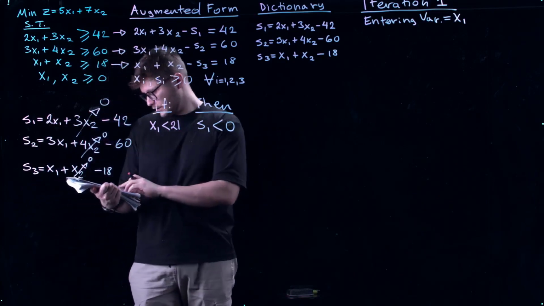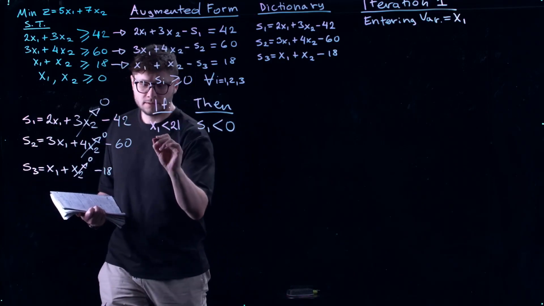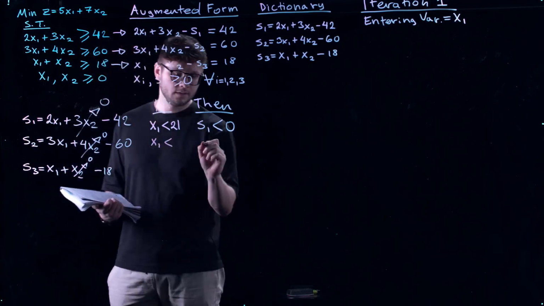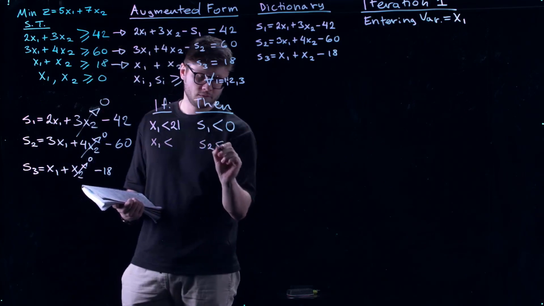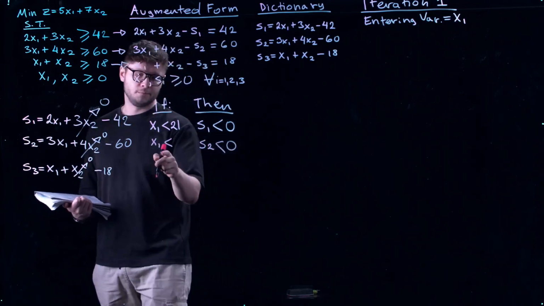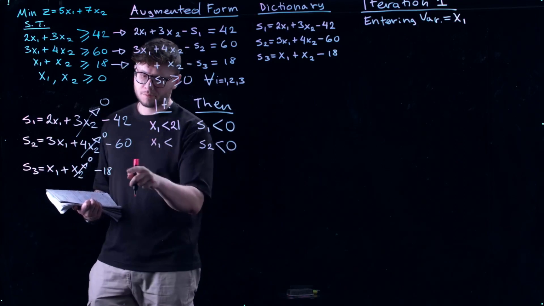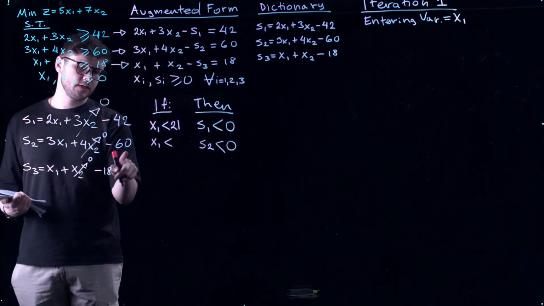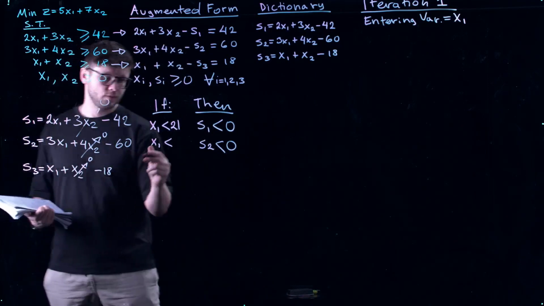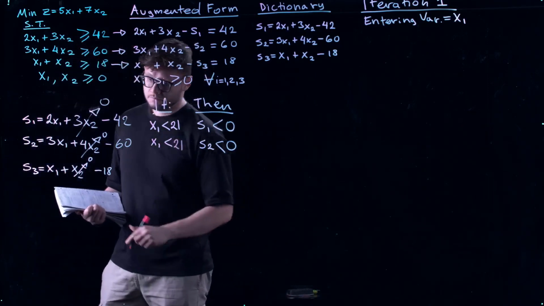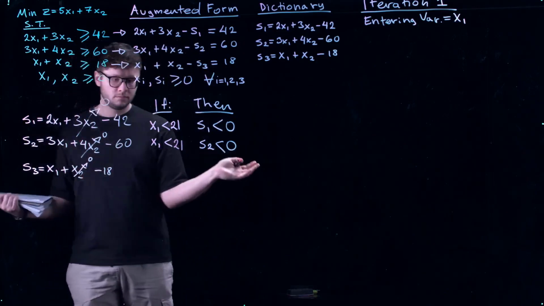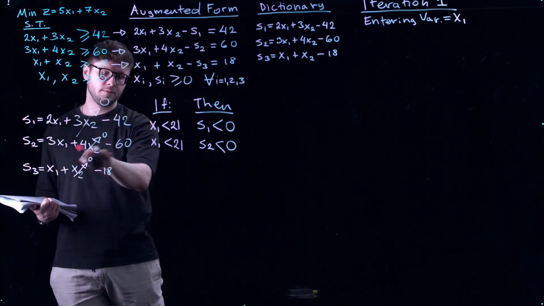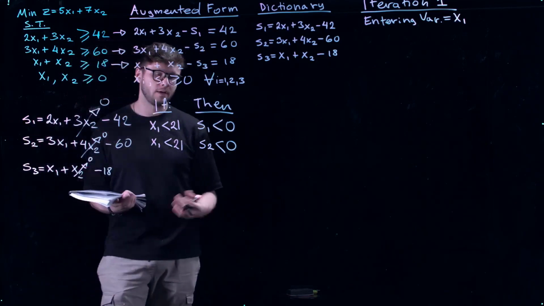Then we're going to go with the next constraint. For what value of x1 is S2 smaller than 0? So what do we have here? 60. So 3 times what is going to equal 60? That'll be 20. If it's, let's say, 10, it'll be 30 minus 60, negative 30, and S2 cannot equal a negative.